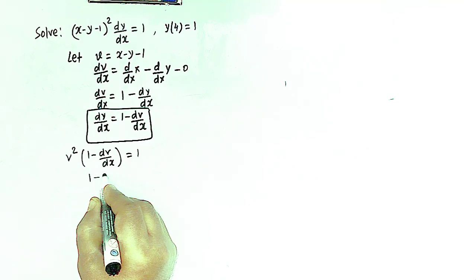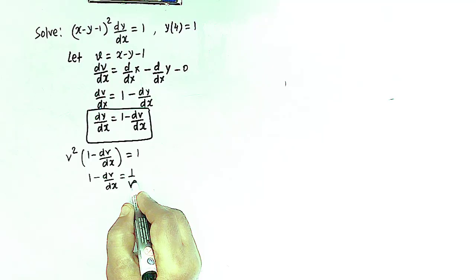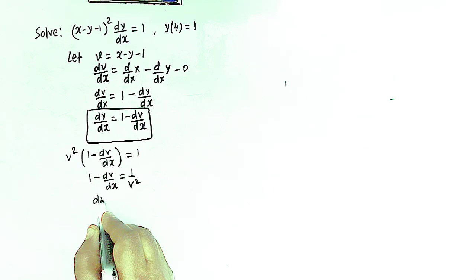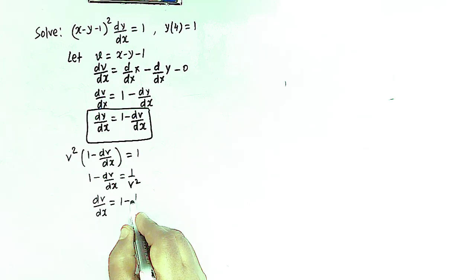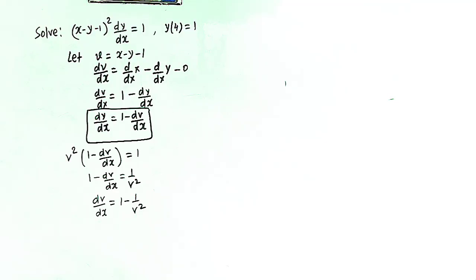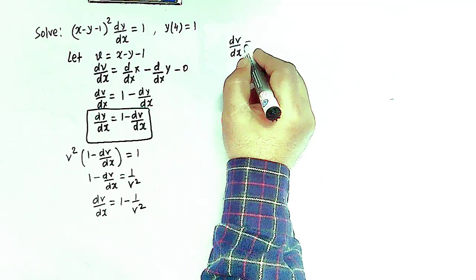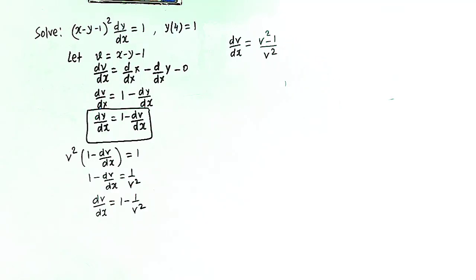So now we can write 1 minus dv over dx is equal to 1 over v square. So from this equation, we can now write dv over dx is equal to 1 minus 1 over v square.